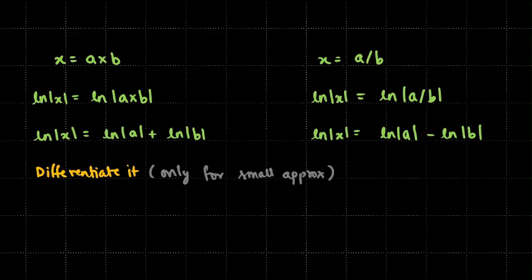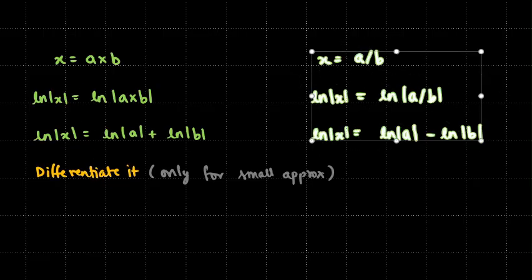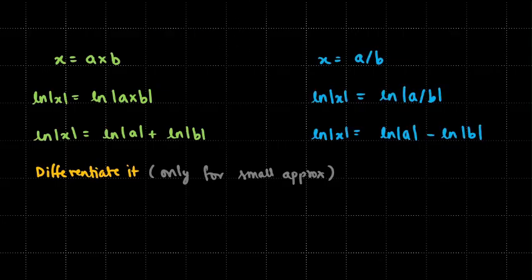So now if you differentiate it, you will actually get for this side. So let me make this one another color so that it's not that confusing. For this side, you will actually get delta x by x equals delta a by a plus delta b by b. Actually, this is not delta b, delta a or delta x. It's actually supposed to be dx, dA, and dB.